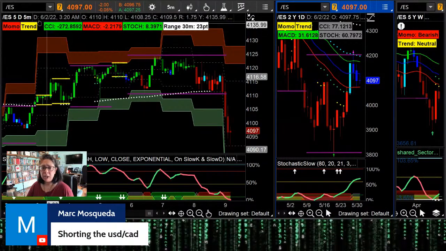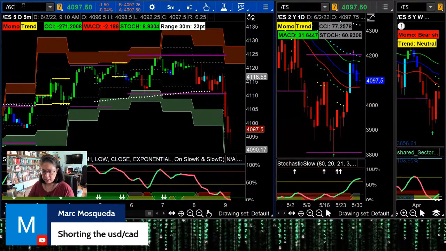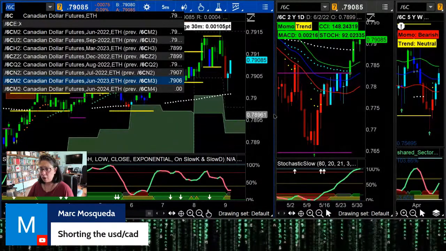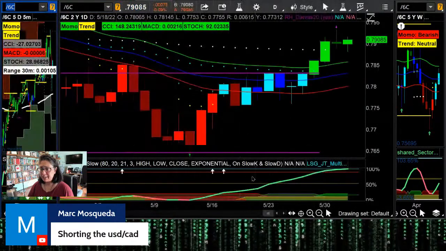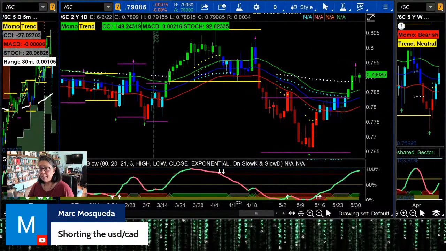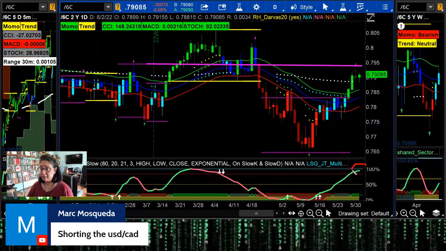What about shorting the US dollar, Canadian dollar? I don't know that in terms of the daily I have a great setup for it, but it would be an overbought short, preferably in sync with resistance. So I think it's a legit consideration.